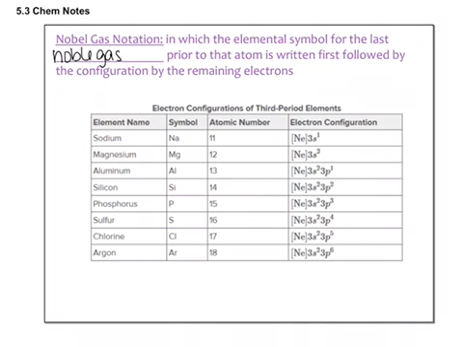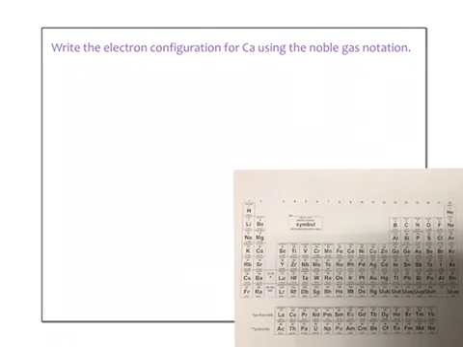And so here are your electron configurations for a bunch of elements in the third energy level. And so if we look for calcium, this is here, and you count backwards, so 20, 19, 18, we get to argon. So argon is the noble gas prior to the atom.